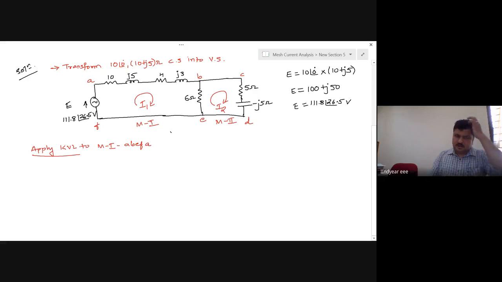Now, in the previous case where we studied DC circuits, it was simple to understand the current direction and polarity. In active elements, the current was flowing out of the positive terminal, and in passive elements, current was flowing into the positive terminal. But because the circuit is now an AC circuit, the polarities are not fixed.